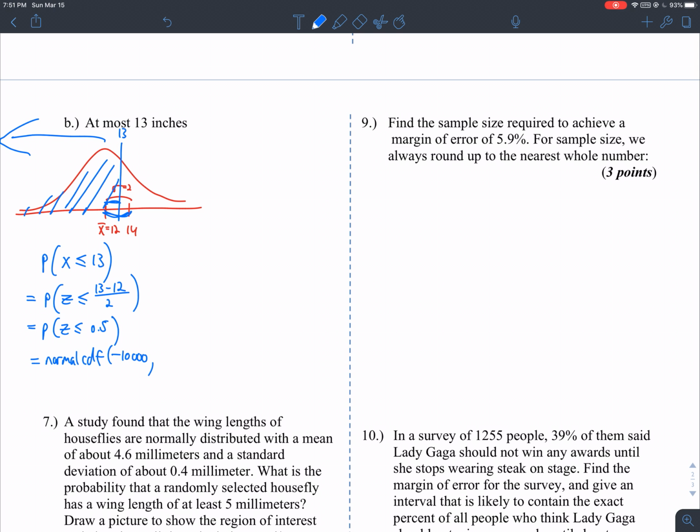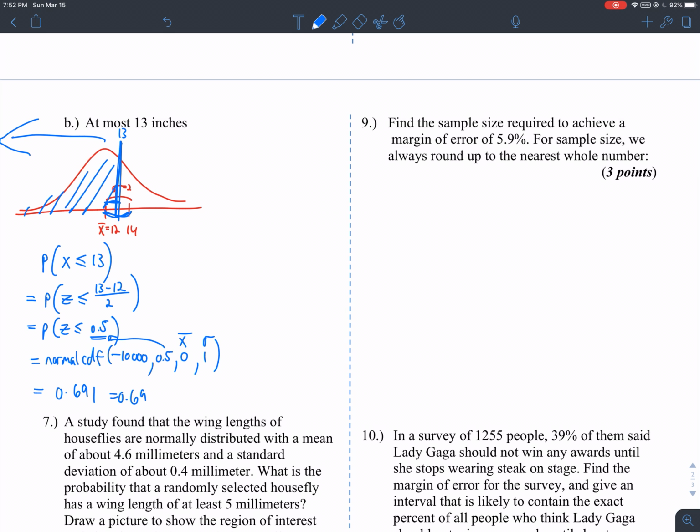The upper bound is 13 for the x, or 0.5 if I standardize, so I'm going to put 0.5. Then I put mean 0, standard deviation 1. This is the standard normal mean and standard deviation. If you do the math, you get 0.691, and if you round to the hundredth, that'll be 0.69.